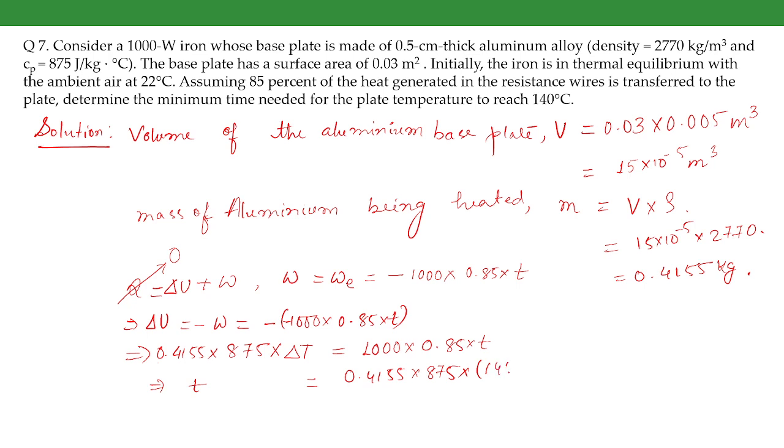The change in the temperature is 140 minus the initial temperature of 22 degrees Celsius, equal to 1000 into 0.85 into T. So T comes out to be 50.47 seconds.